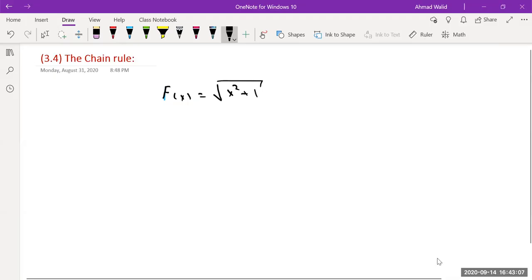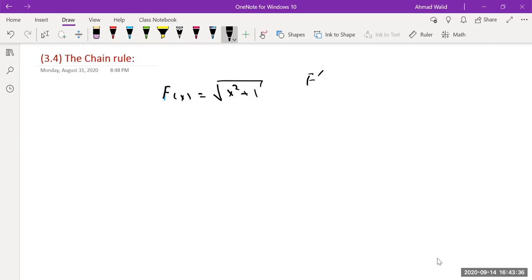To be honest with you, all the rules that you know up to now, like the addition rule, the subtraction rule, the power rule, plus the product rule and the quotient rule, none of them can be applied on this problem to find f prime. It's impossible, correct? It's impossible.